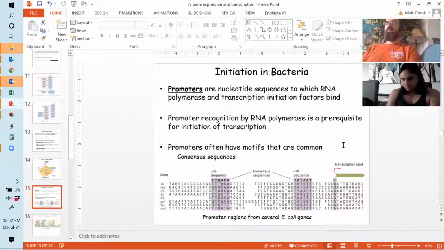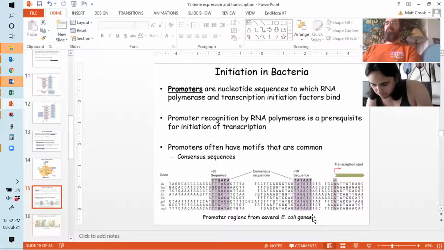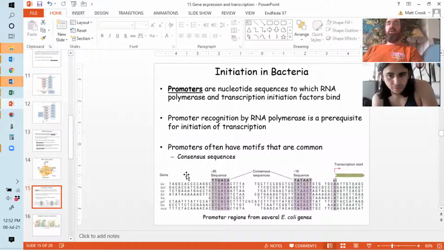And so when you look at bacterial promoters, they have two clear consensus sequences, the -10 and the -35 sequence. These are what are recognized by RNA polymerase and the sigma transcription factor. If you don't have these sequences, you don't get transcription.